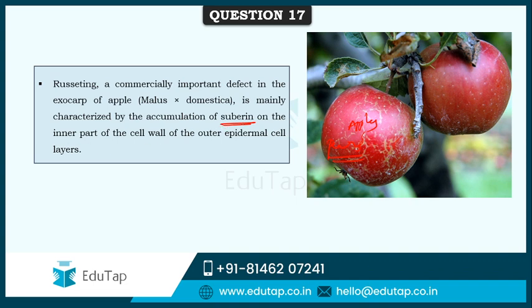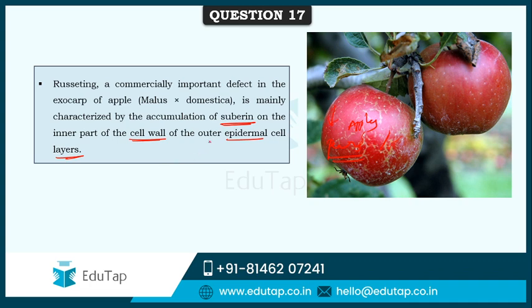So this is because of suberin on the inner part of the cell wall of the outer epidermal cell layers of the apple or the pears. The inner part of those cell walls would have accumulation of suberin, thereby leading to this dryness on apples, which again decreases the commercial or marketing value of the produce.